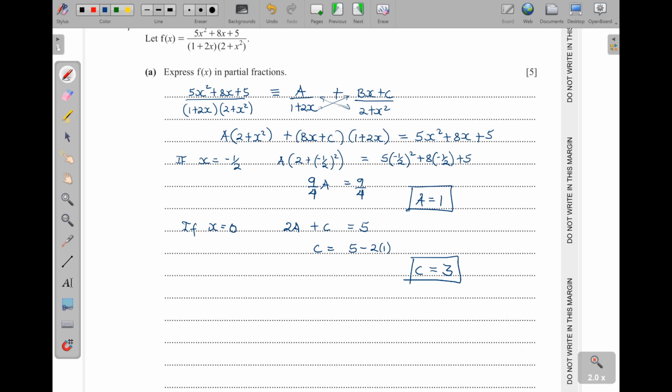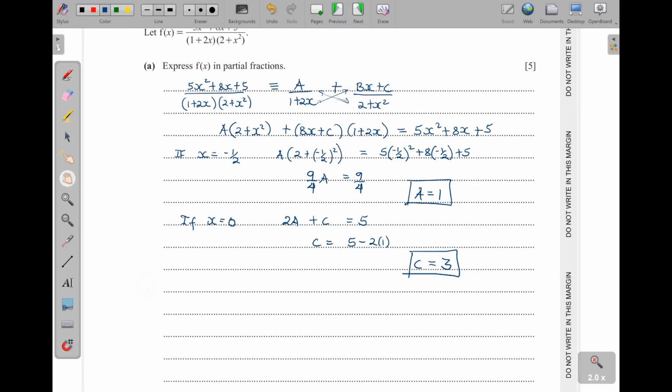Now, since the values of x that I can use to terminate the terms are done, then I can use any other value of x.